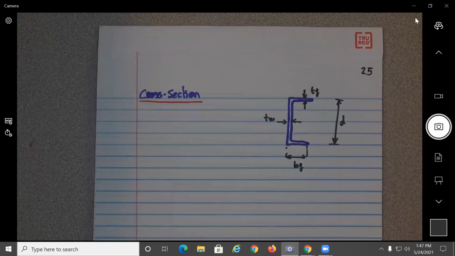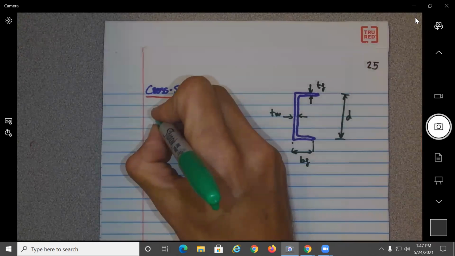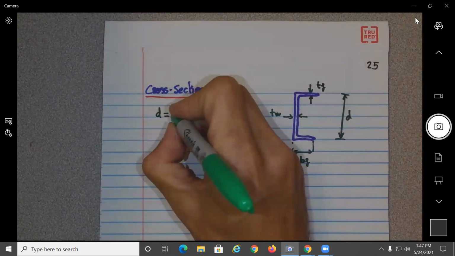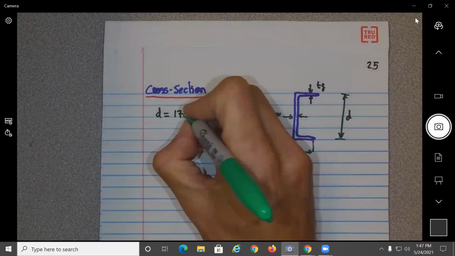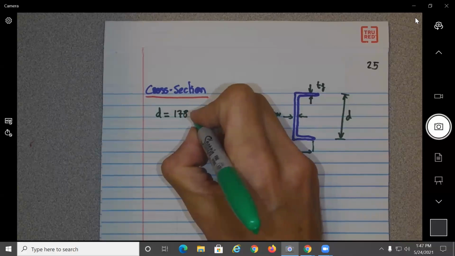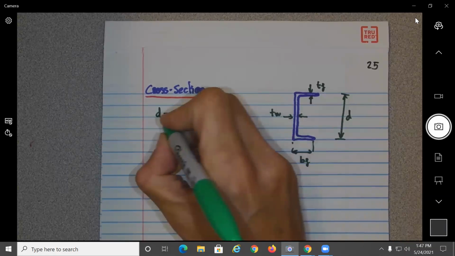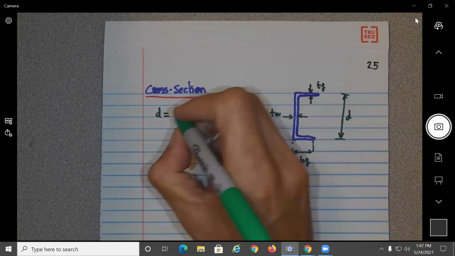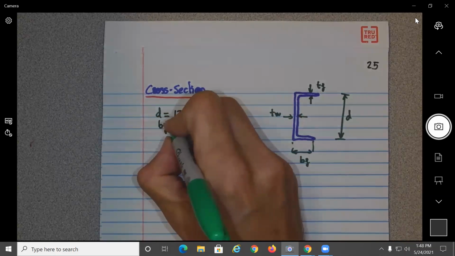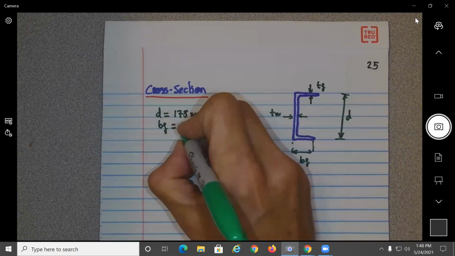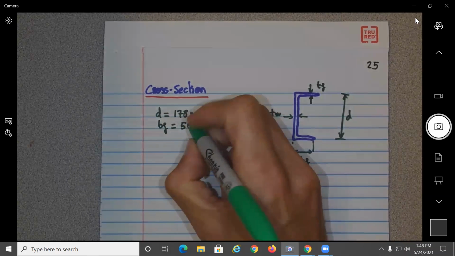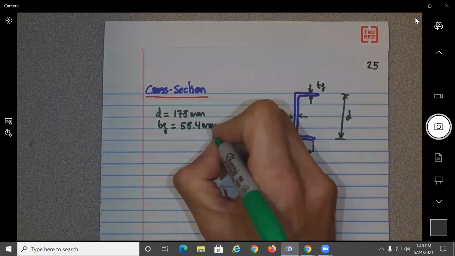So if we had one of those tables, that will give us that D is equal to 178 millimeters. B of the flange is 58.4 millimeters.